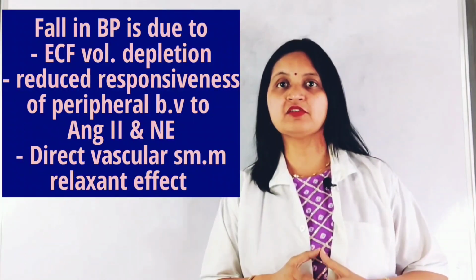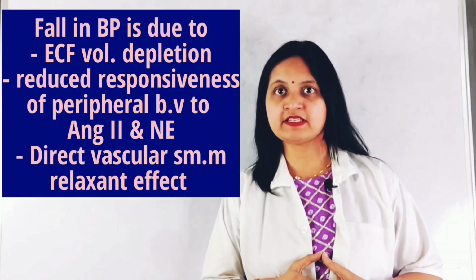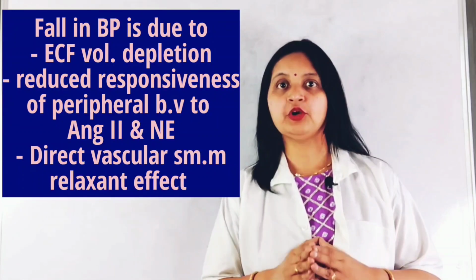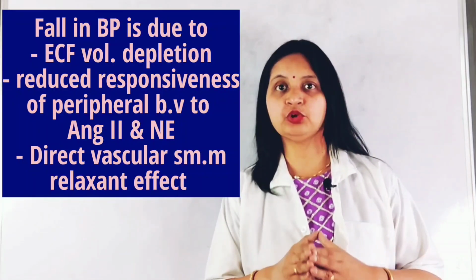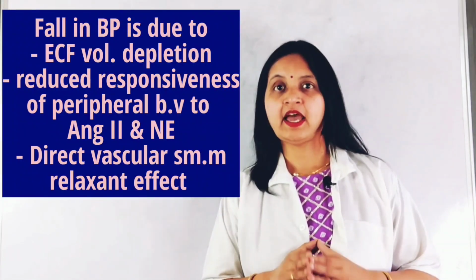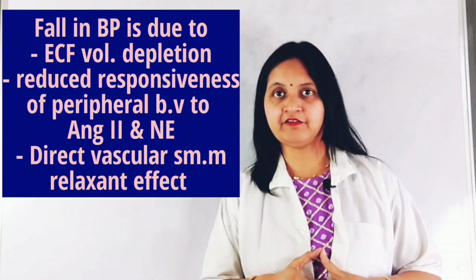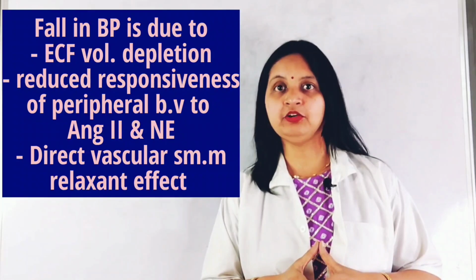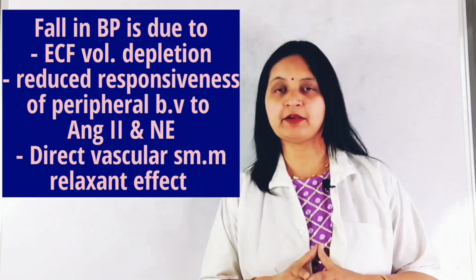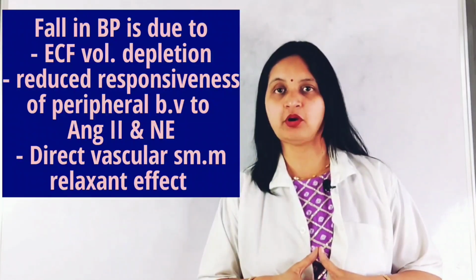This is due to decreased responsiveness of the peripheral blood vessels to the actions of norepinephrine and angiotensin II on the blood vessels, and also a direct vascular smooth muscle relaxant effect. So both the effects combined together help in reducing the blood pressure and maintaining the blood pressure on long term.